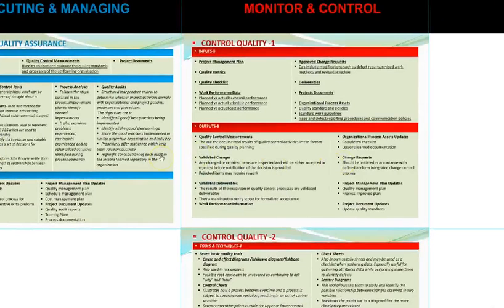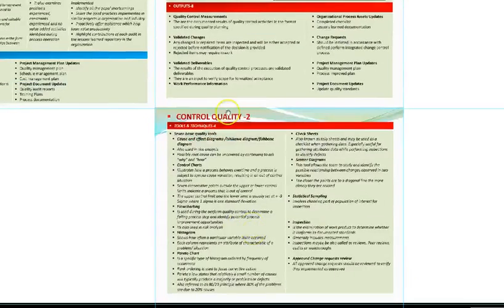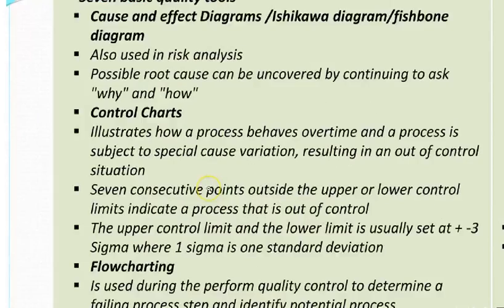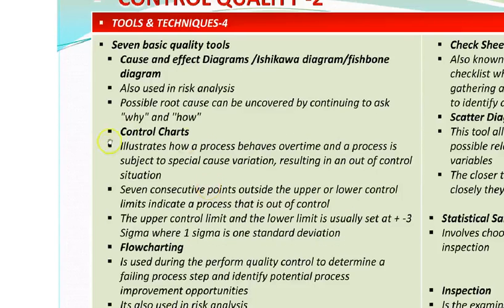When it is not within the limits, what tool and technique would you use? You would use the tool and technique of control charts and see what's happening and where the problem is.